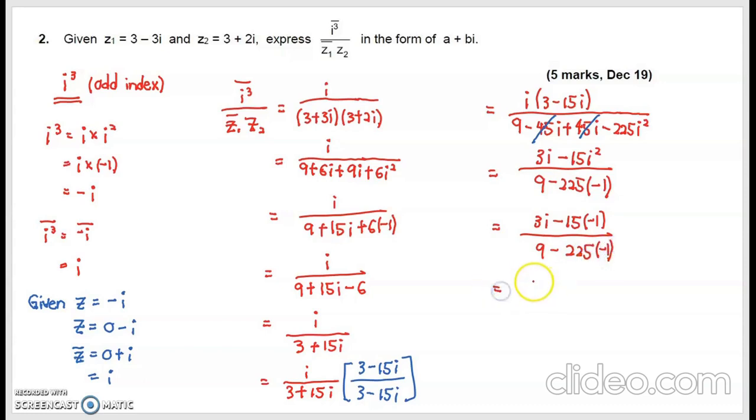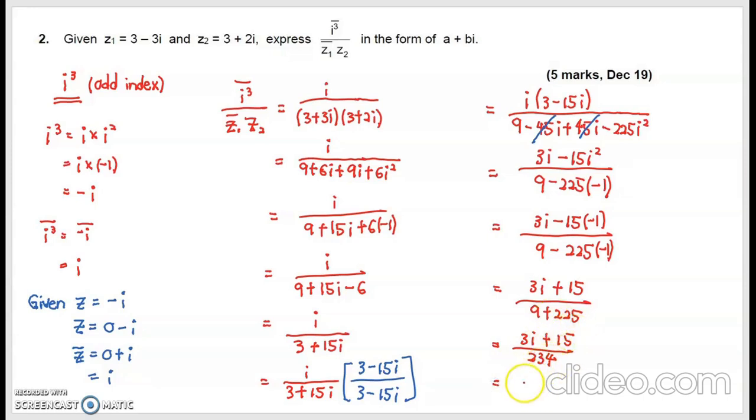So from here, 3i plus 15 over 9 plus 225. 9 plus 225 will be 234. So next, we try to separate into two parts.